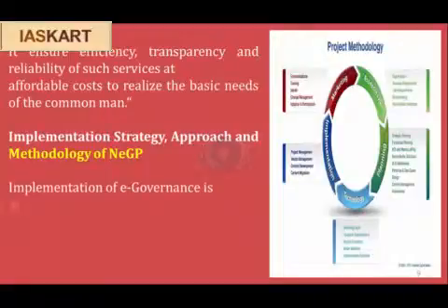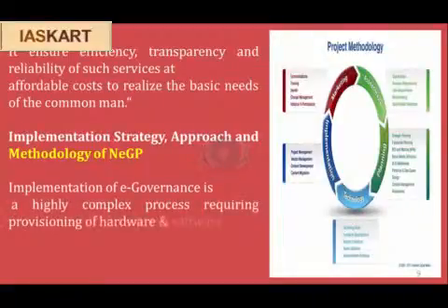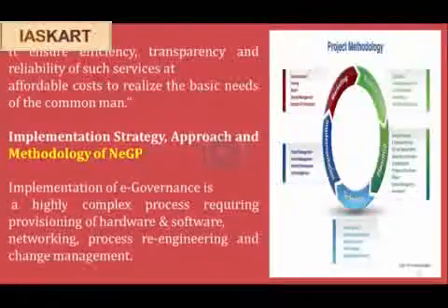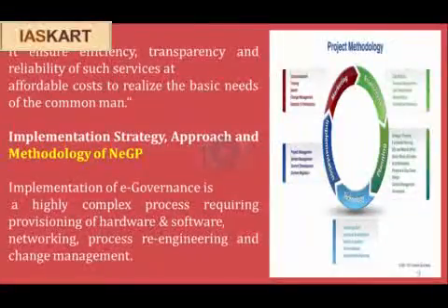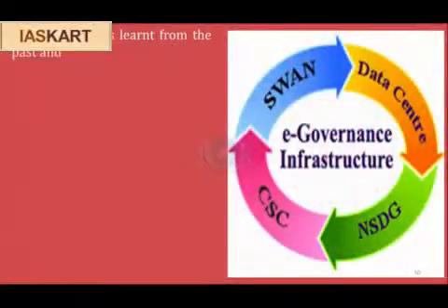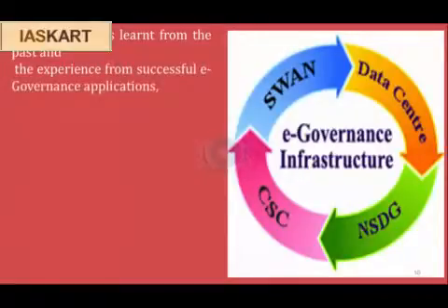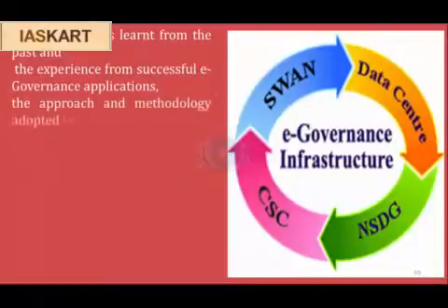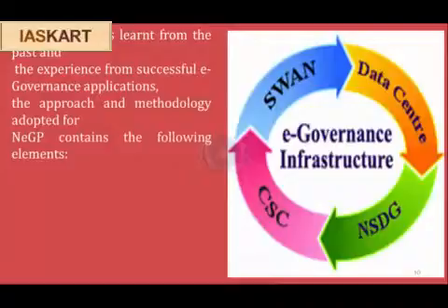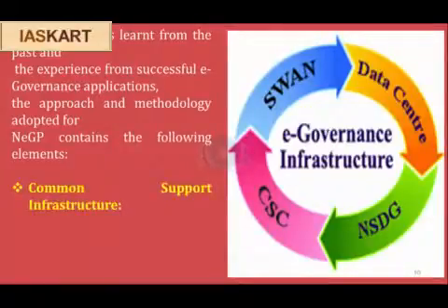Implementation of e-governance is a highly complex process which requires provisioning, hardware and software networking, process re-engineering, and change management processes. Based on lessons that have been learned from the past and the experience from successful e-governance applications elsewhere in the world, the approach and methodology adopted for the National E-Governance Plan contains the following elements. 1.